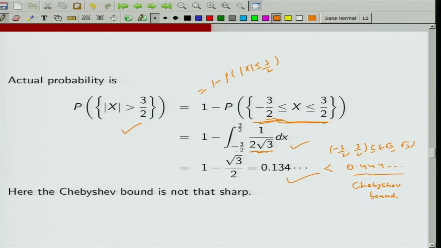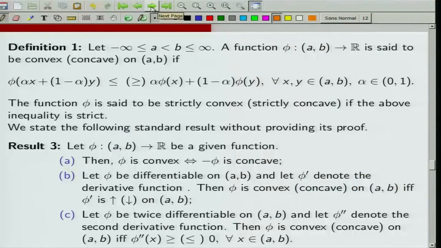Now let us talk about some inequalities about the expected value of a function of a random variable. Before we do that, let me introduce the concept of concave functions and convex functions. Let minus infinity less than a less than b less than or equal to infinity.